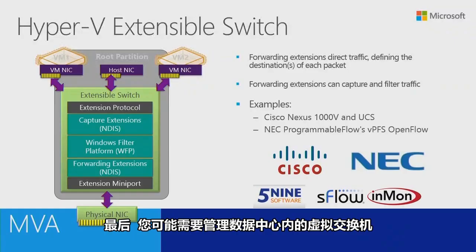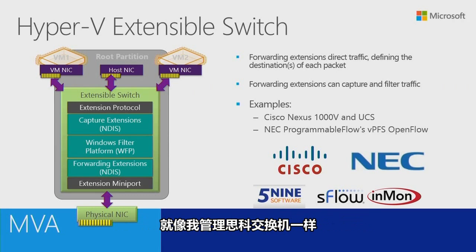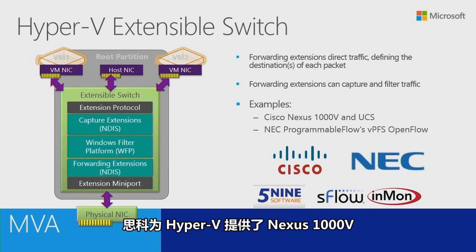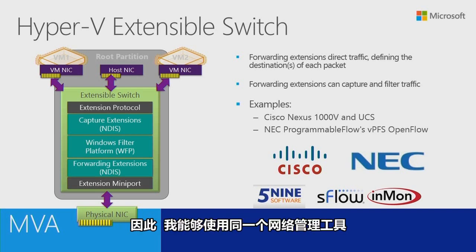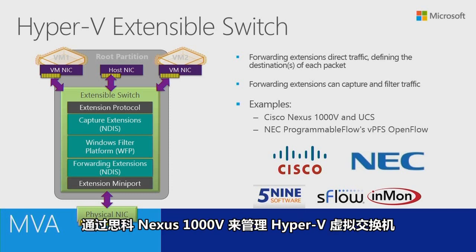Finally, you may be thinking, well, I'm in a data center, and maybe I'm a Cisco shop, and I would like to be able to manage my virtual switches just like I manage my Cisco switches. Well, Cisco has the Nexus 1000V for Hyper-V. So that gives me the ability to use my same network management tools to manage my virtual switches with Hyper-V by using the Cisco Nexus 1000V.